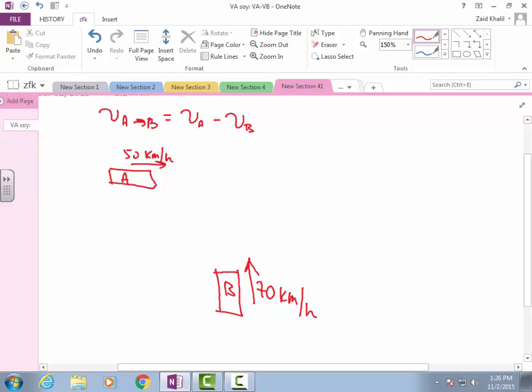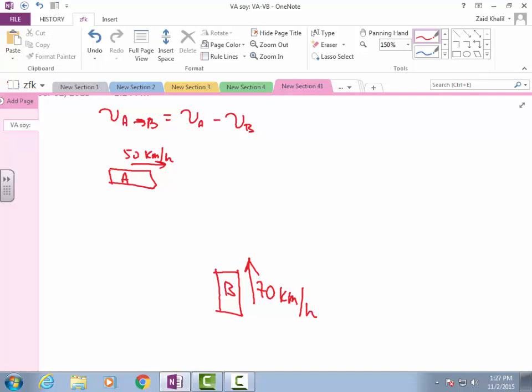So now, do you remember how we derived this? What does the velocity of A relative to B physically mean? It is the velocity with which A sees B, B sees A. And remember, this whole framework was rested on the notion that B sees itself at rest.